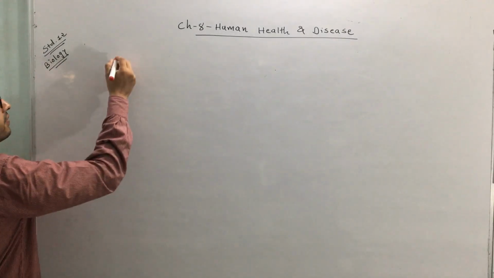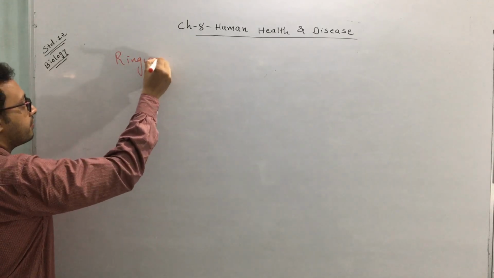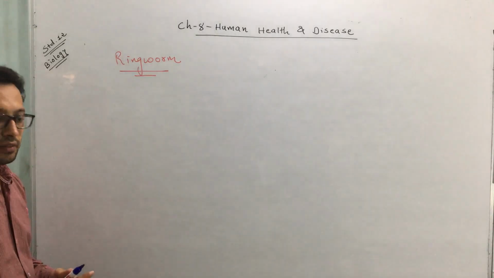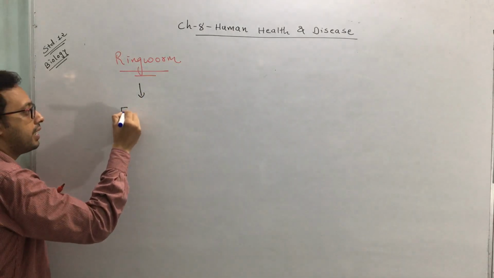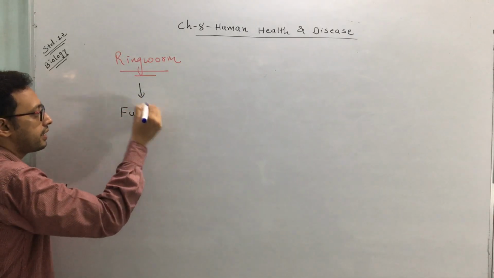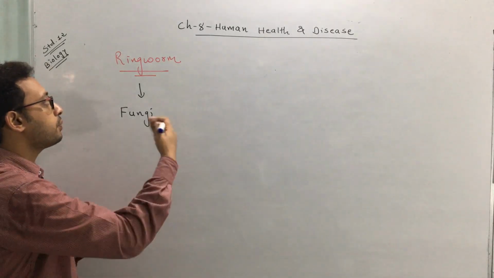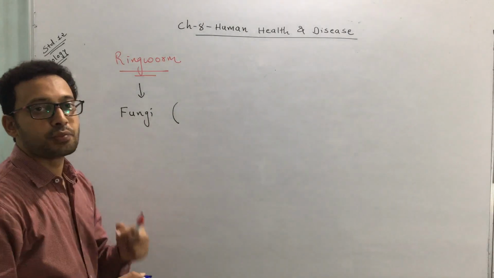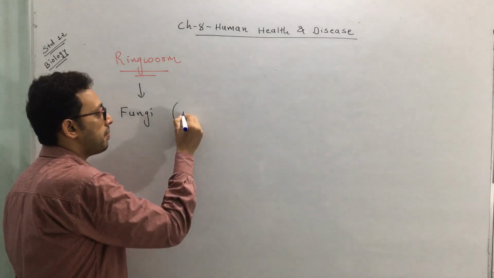So now we are starting with another infectious disorder, and the name of this infectious disorder is ringworm. It is caused by fungi. Which fungi are responsible for causing this ringworm? Usually, the fungi of this group are responsible for causing ringworm. Which are they?